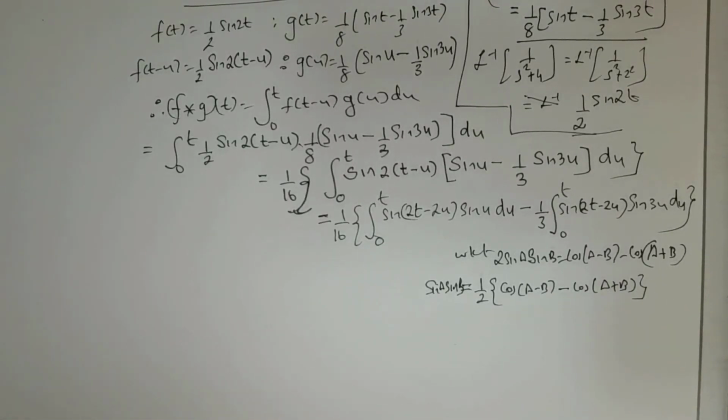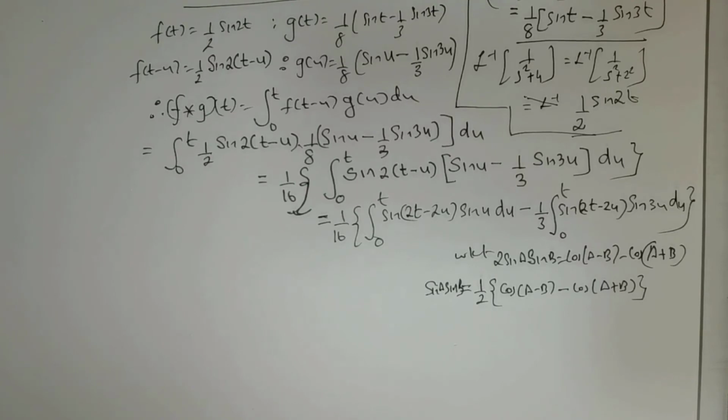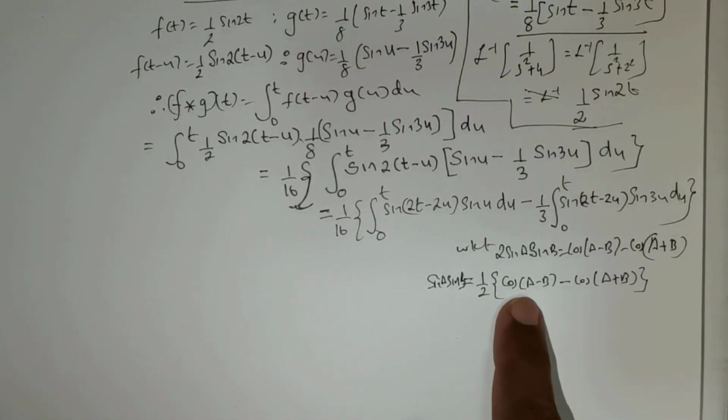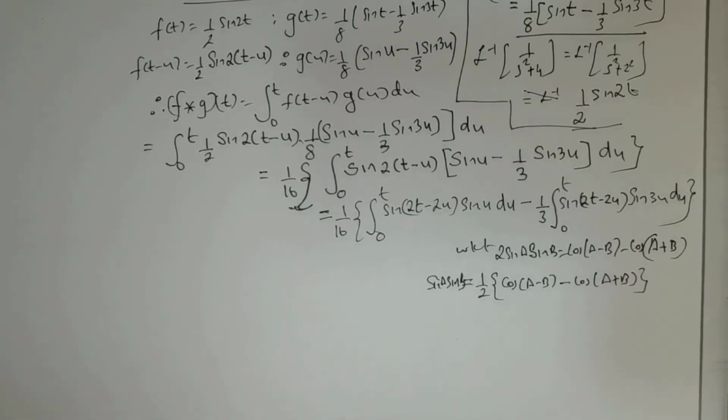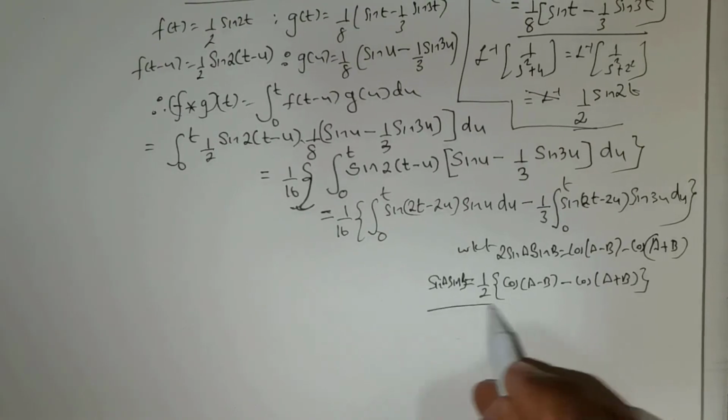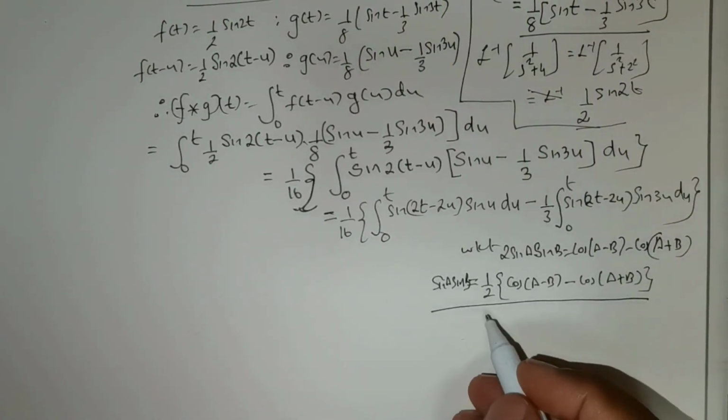If you were to expand this, you can clearly see that the cos a cos b terms will cancel, but sine a sine b will remain. So we will use this result.